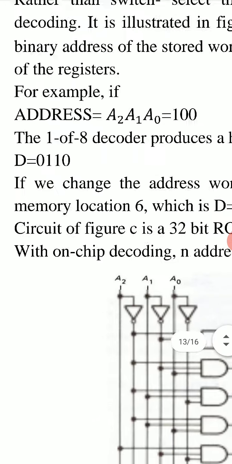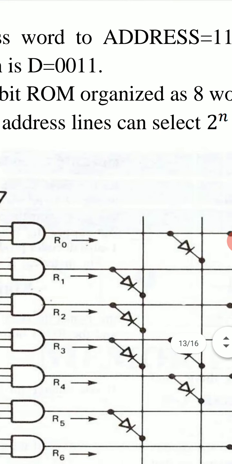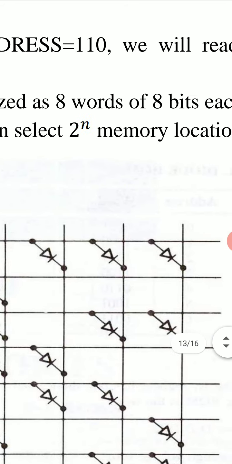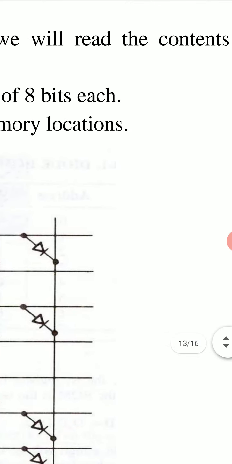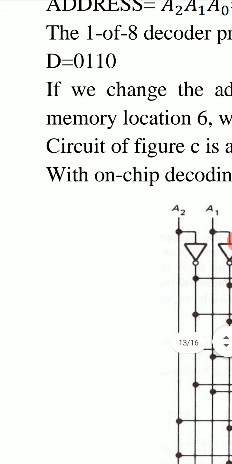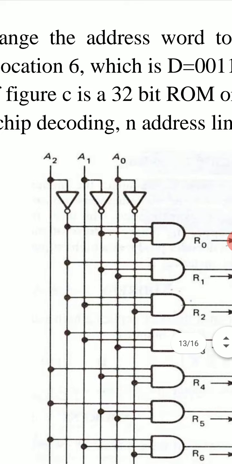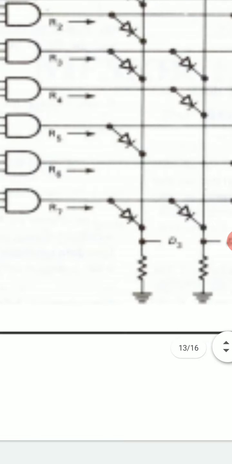If we change the address word to address 110, its decimal equivalent is 6, we will read the contents of memory location 6.